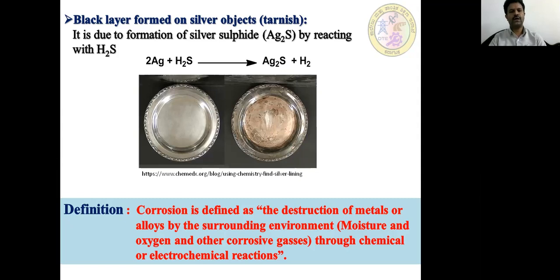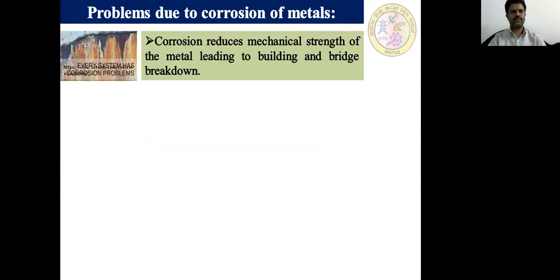I repeat, corrosion is defined as the destruction or deterioration of metals or alloys by the surrounding environment which contains moisture, air, and other corrosive gases through chemical reactions or electrochemical reactions.